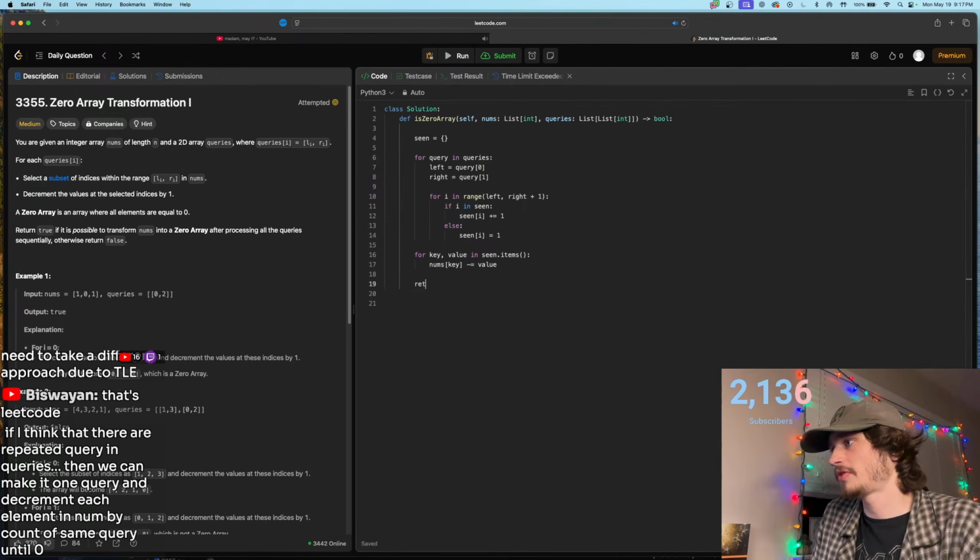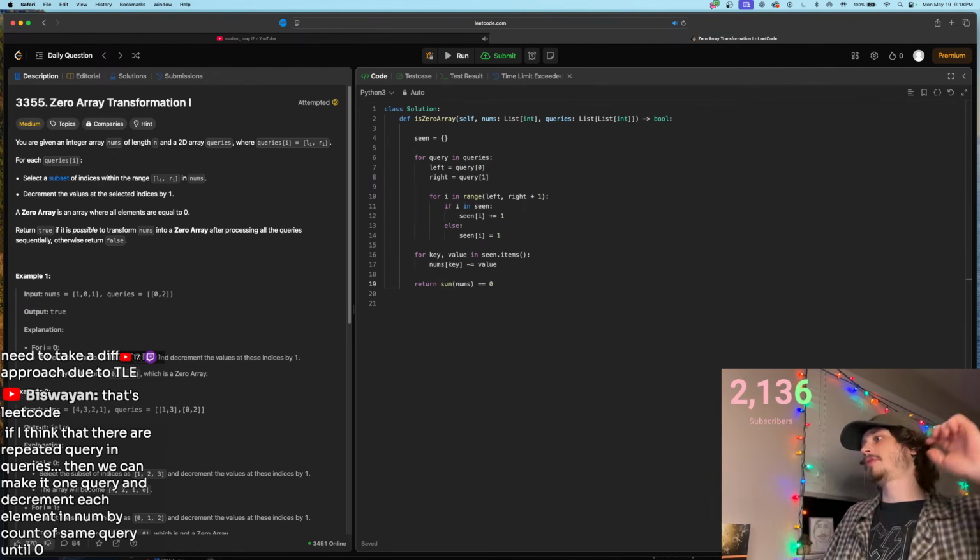Then return whether the sum of nums equals 0, else return false.